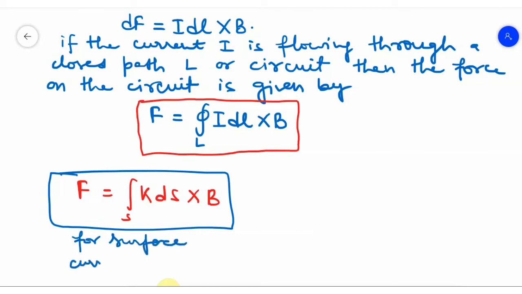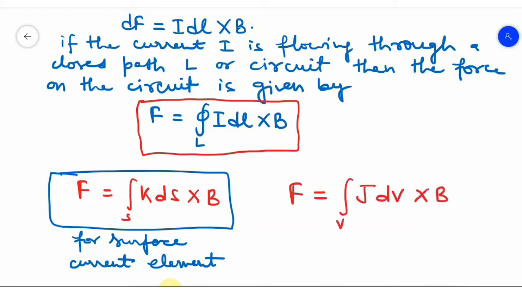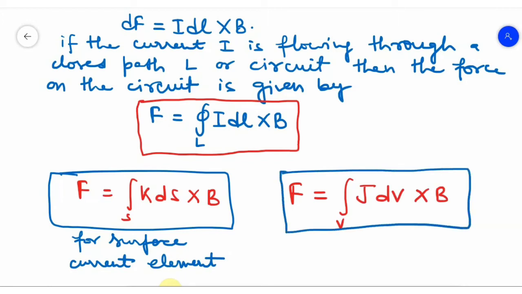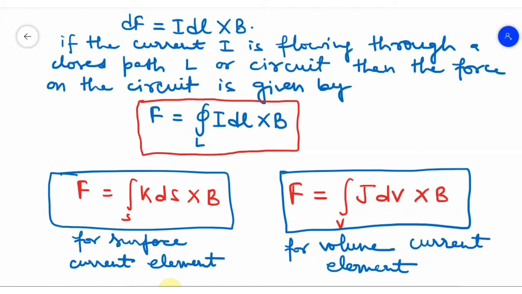And for the volume current element, F equals the closed volume integral of J dV cross B. So this relation holds good for the volume current element.